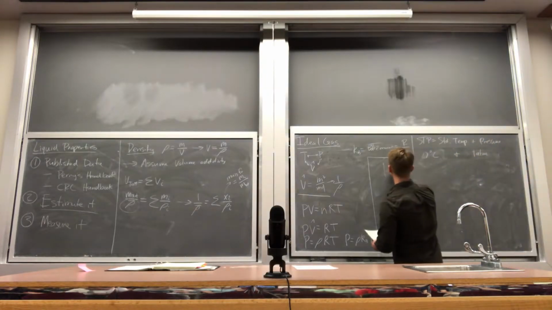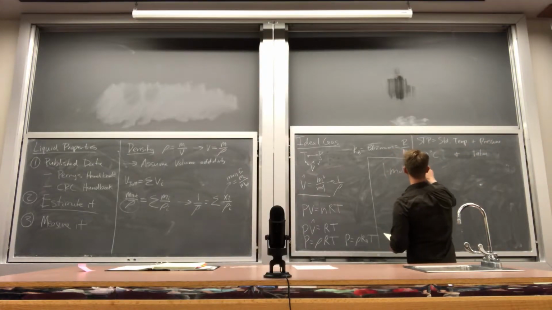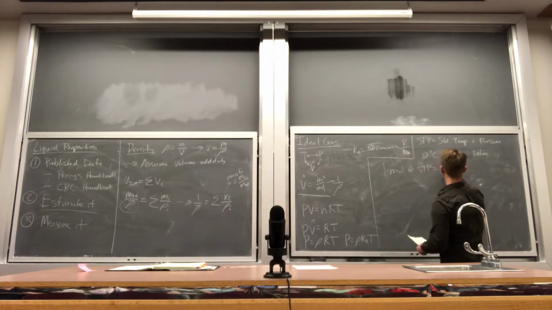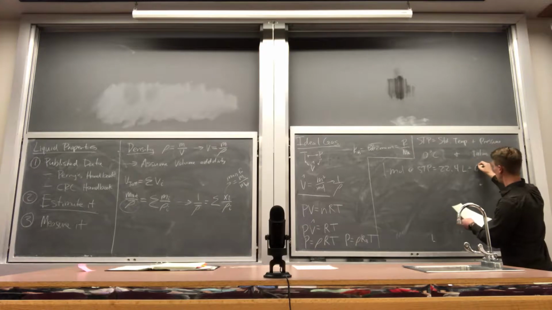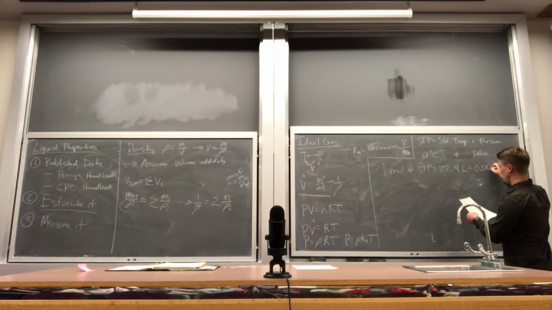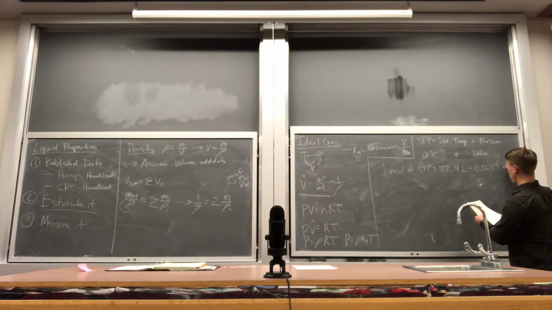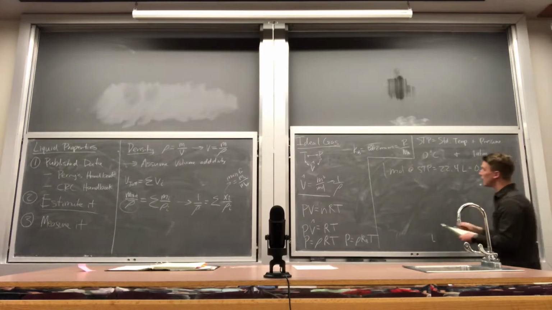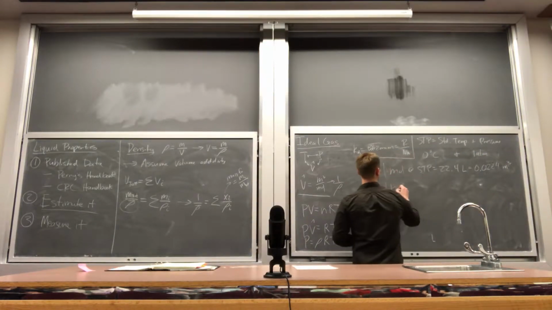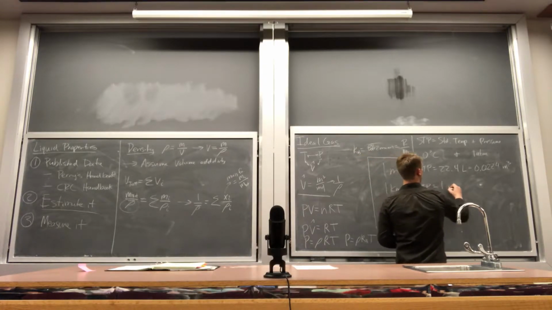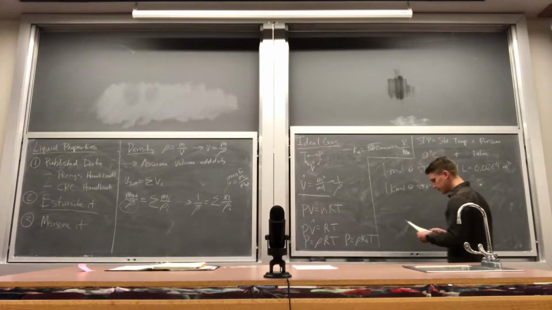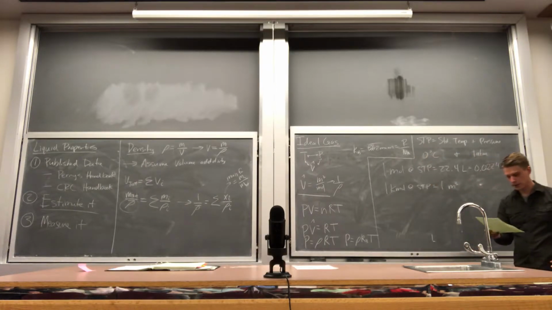Bingo! 1 mole at STP is equal to 22.4 liters, which is equal to 0.224 cubic meters. 1 kilomole at STP is equal to 1 cubic meter, because you're multiplying them both by 1,000.